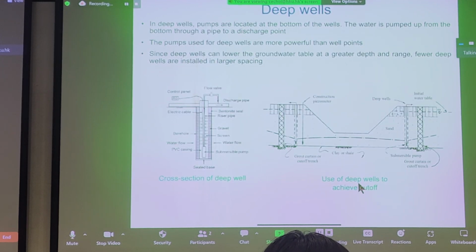For well points, you can use deep wells. With deep wells, you can have various types of pumps. You can have pneumatic pumps, you can have electric pumps. They function for the same purpose, but with deep wells, the application is likely for cofferdams and deep excavations.